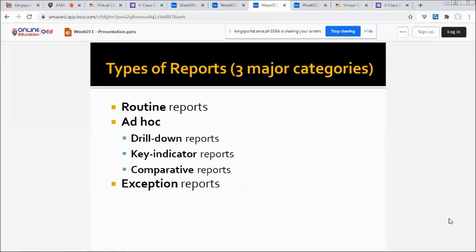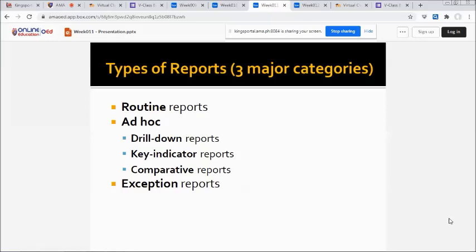In routine reports, for example, our monthly or weekly sales reports by product. While in ad hoc on-demand reports, for example, how many suppliers did we sell this week? In drill down reports, how many suppliers did we sell this week for a store?